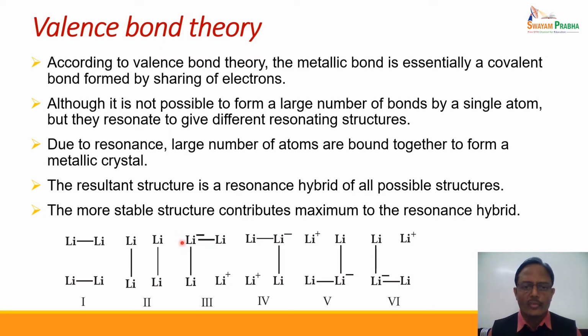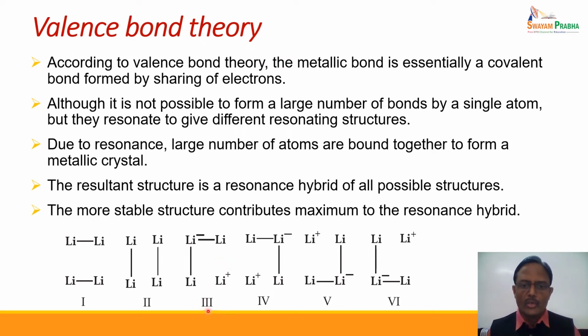Similarly, we can have a large number of resonating structures where one of the lithium atoms is getting a negative charge while the other atom is getting a positive charge. Now we can see that these two structures are equivalent and stable structures, so they contribute more to the resonance hybrid, while these four structures which have charge separation, like negative and positive charges, will contribute minimum to the resonance hybrid.